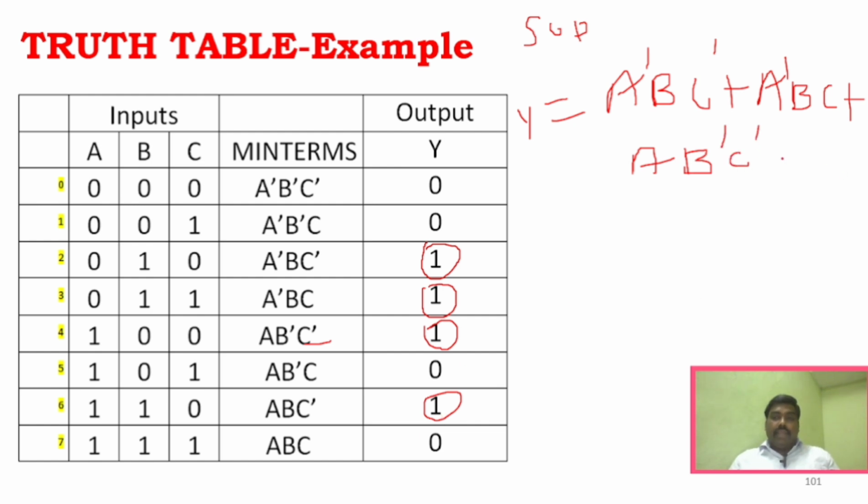And then this term plus A, B, C bar, correct? So I consider only all these ones, right? So now this is called the canonical form of this particular problem.